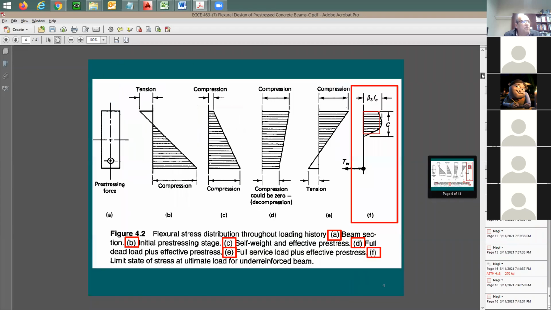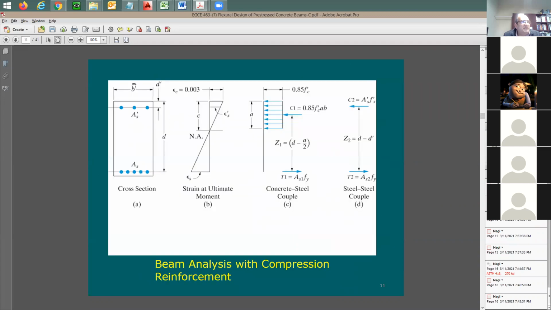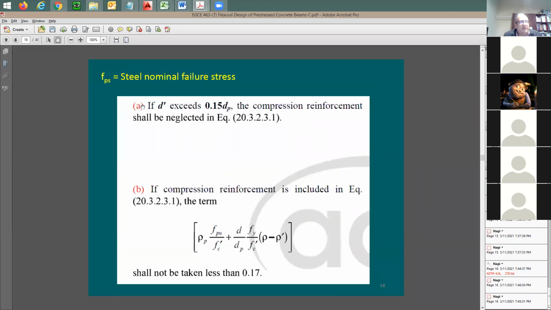Okay, let me go back here quick. Just in case you're looking for D prime, it's the depth location of the compression steel from the top. They say if this D prime is more than 15% of DP to the pre-stress strength, ignore it. That's the first condition.